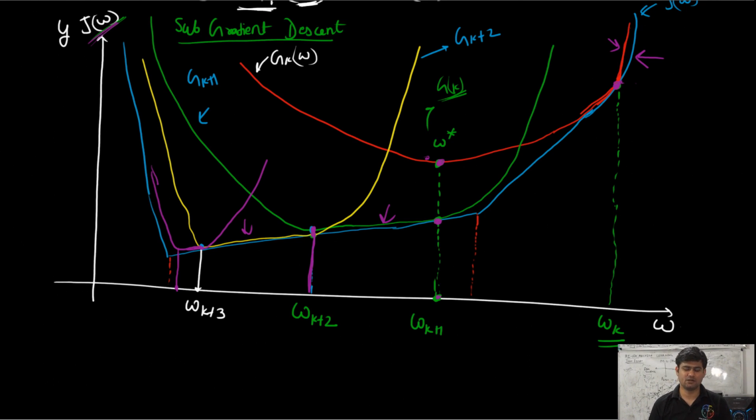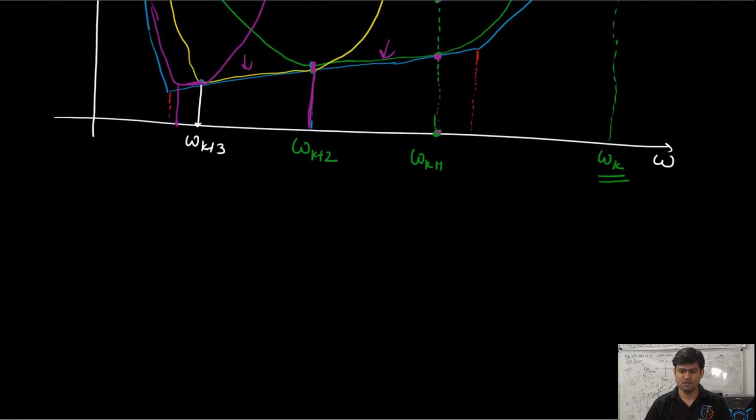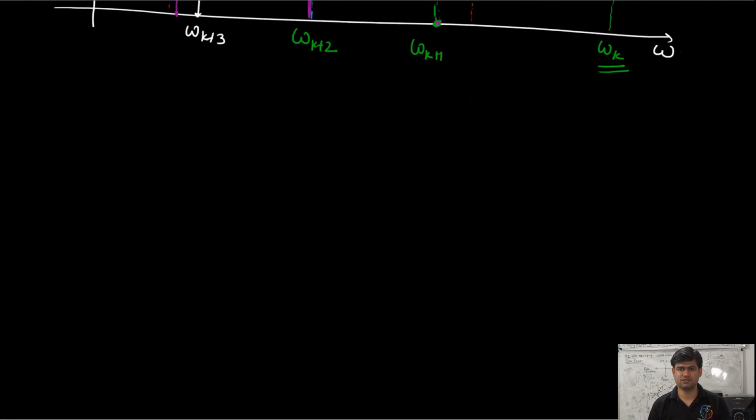It's a mathematical concept, and when converted into programming, it becomes the majorization minimization algorithm. So now we are ready to write the pseudocode of the majorization minimization algorithm.